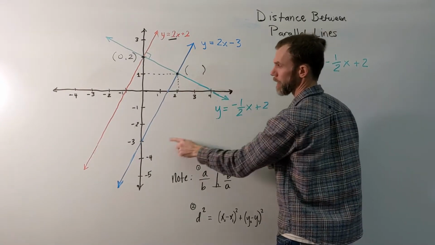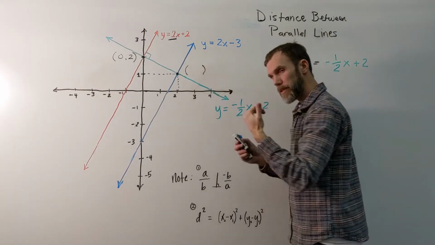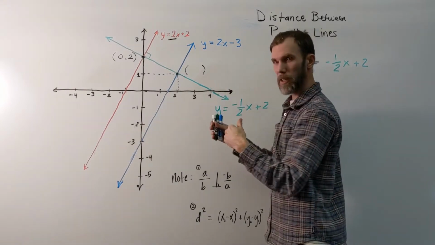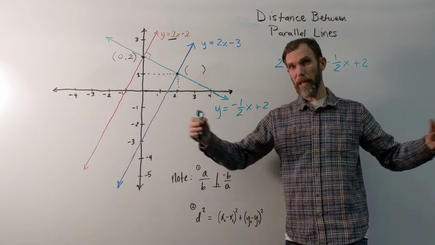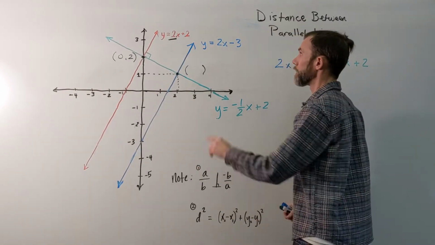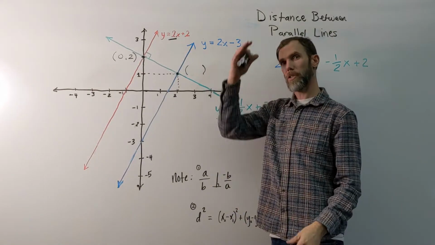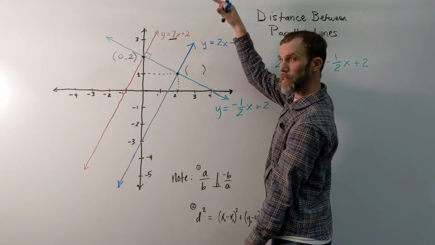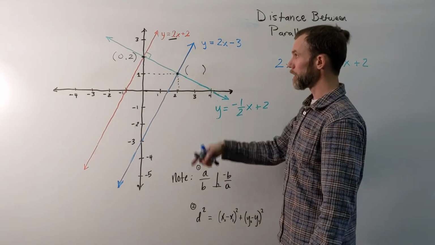The y-intercept is negative 3, that's where it crosses. Some people never really understand what x and y are, but x is the entire domain of the blue line, so it's how far the blue line spreads left to right. The y value is the range, so it's all the heights of the blue line, how far it spreads up and down. So those are every point on the blue line.